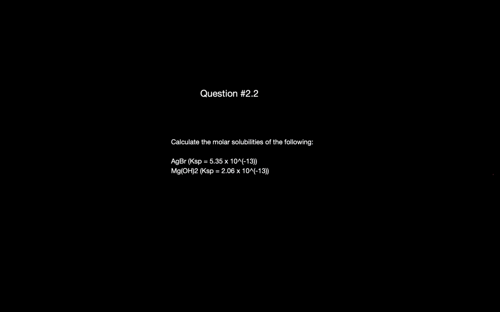Okay, question 2.2. Calculate the molar solubilities of the following. We're given 2 of them to do, so let's take each in turn. We will start with silver bromide, and we're going to write out our reaction here. This is exactly the same question that we just did, but backwards, essentially.